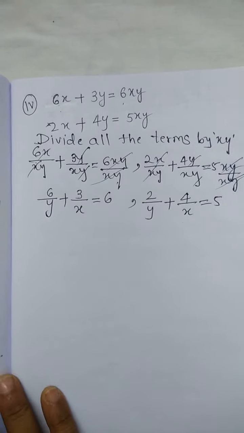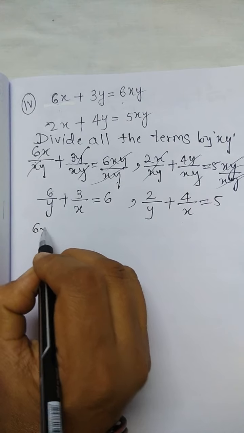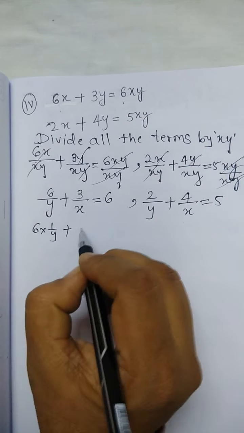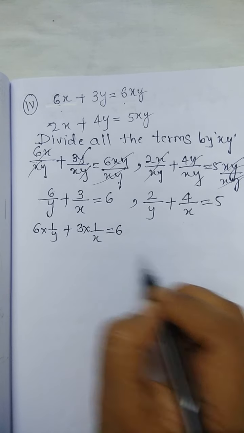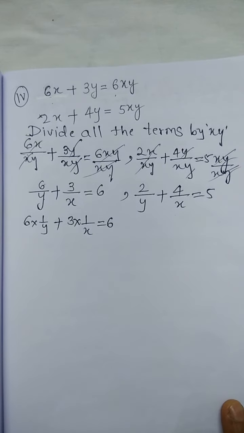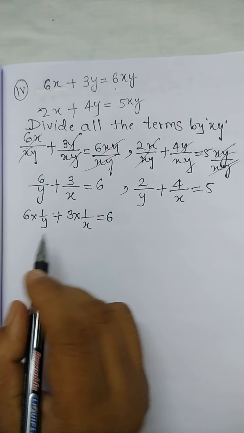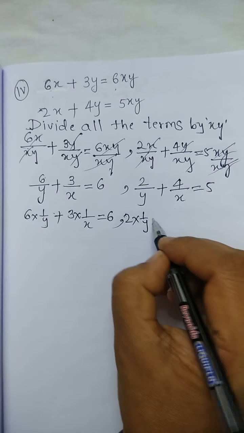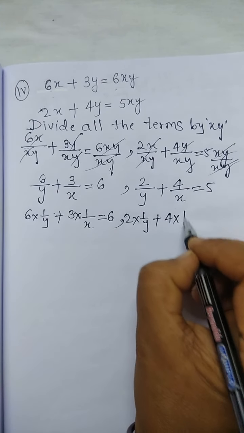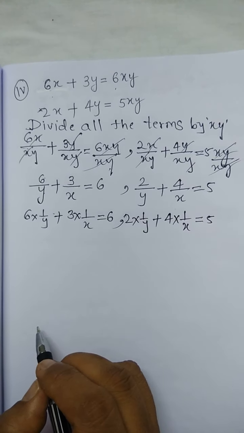Now what to do? What we have done in the previous problem. 6 upon y we have written 6 into 1 by y plus 3 into 1 by x equal to 6. We can write in this way because 6 ones are 6 and we get again 6 by y. So 2 into 1 by y plus 4 into 1 by x equal to 5. Right?